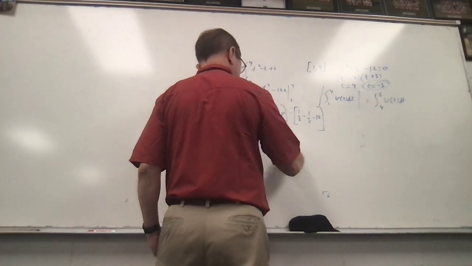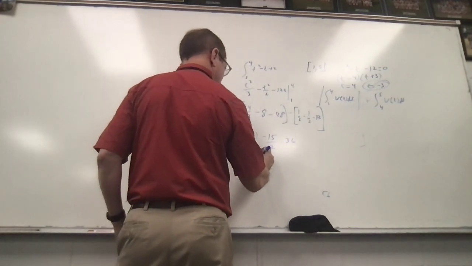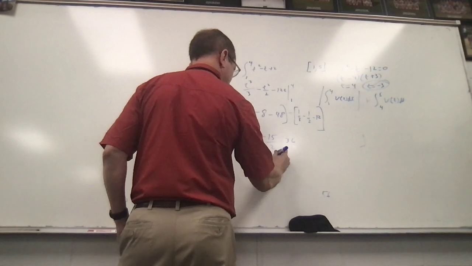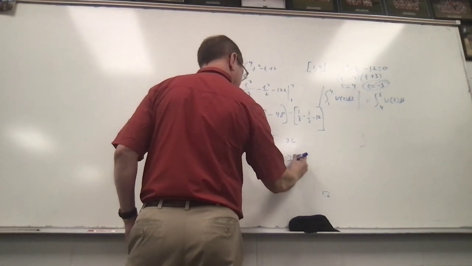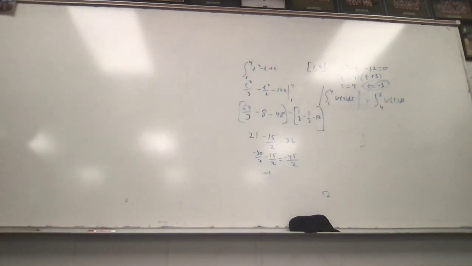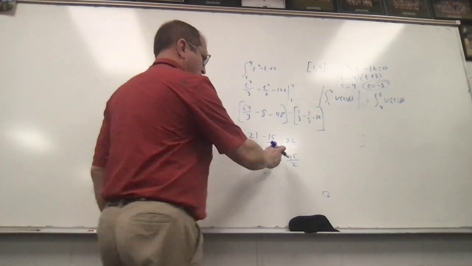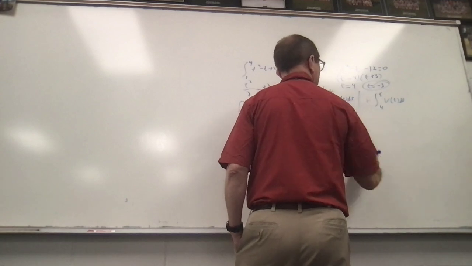So 21 minus 36 is negative 15. That's negative 30 halves minus 15 halves, which would be negative 45 halves. Y'all don't let me do any of this arithmetic incorrectly. All right, and I want the absolute value of that, so it's going to be 45 halves.